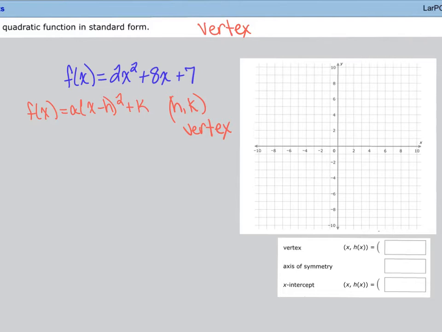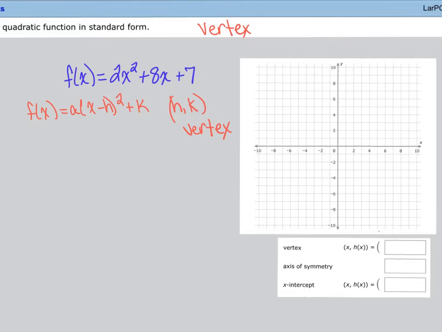This one is different because we have a 2 in front of our x squared. We didn't have anything in front of our x squared, not even a negative. And so now we've got to do this differently, or we have to think about this a little bit differently. So this is what I'm going to do.